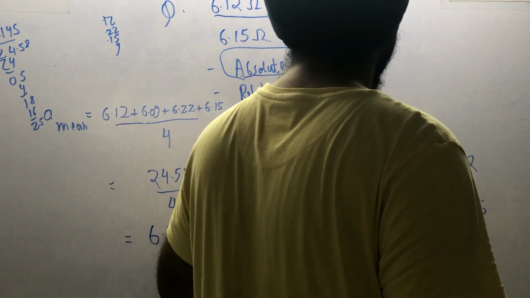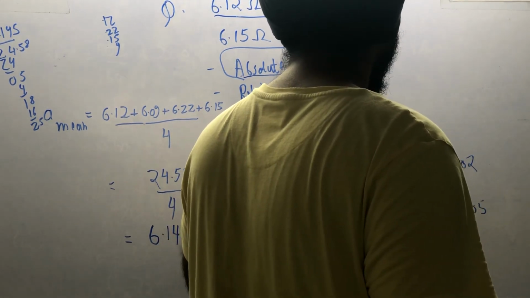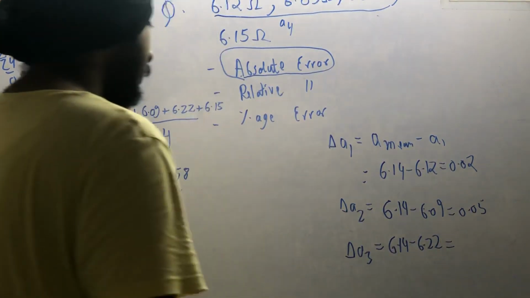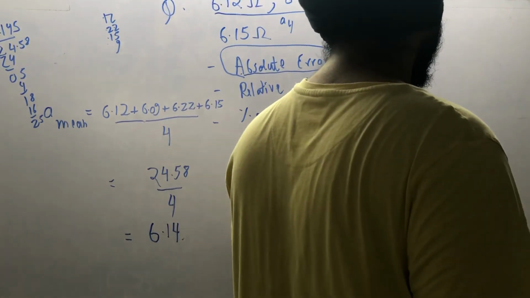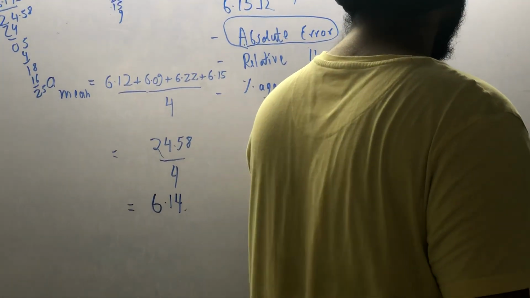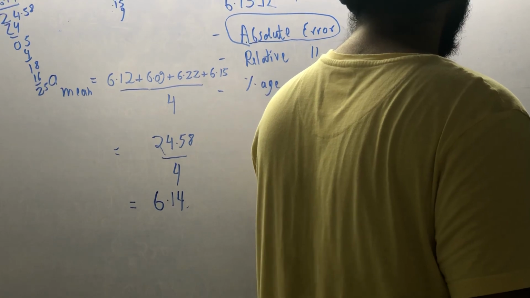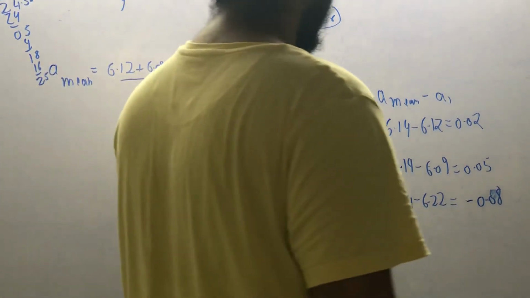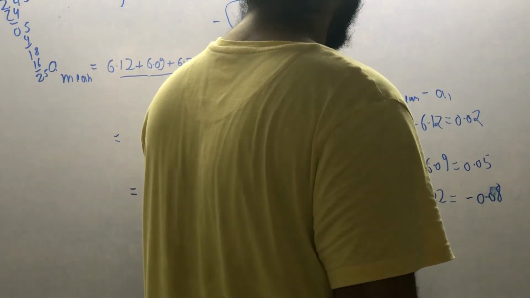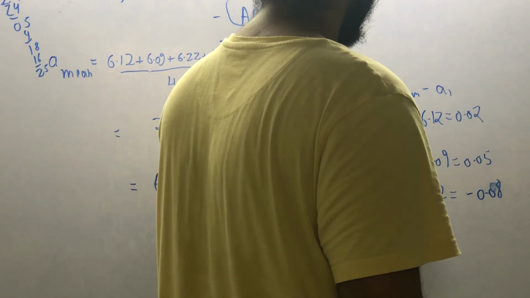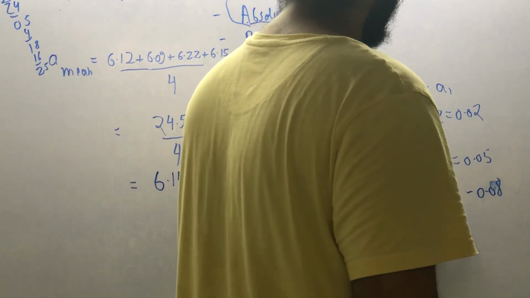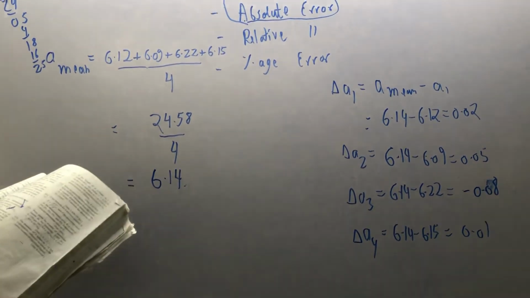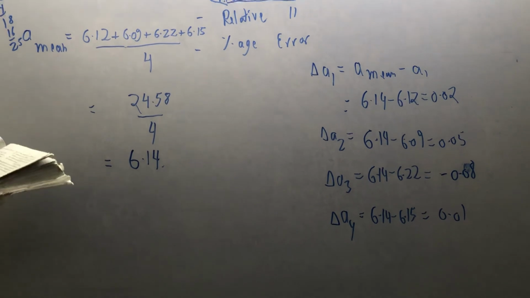Delta A3, 6.14 minus 6.22. This comes out to be minus 0.08. And the last one, delta A4, 6.14 minus 6.15, minus 0.01. So these are the values of the absolute errors.